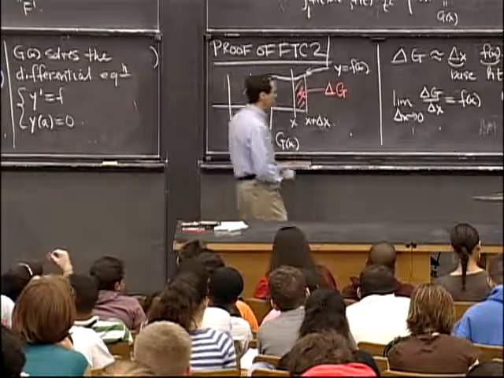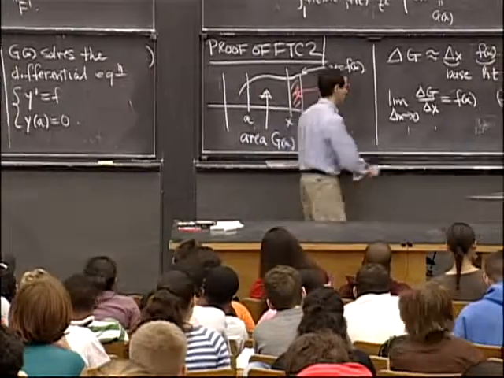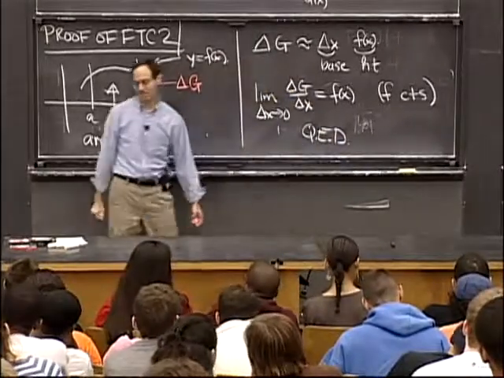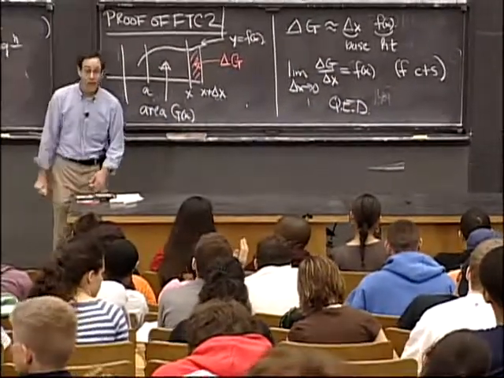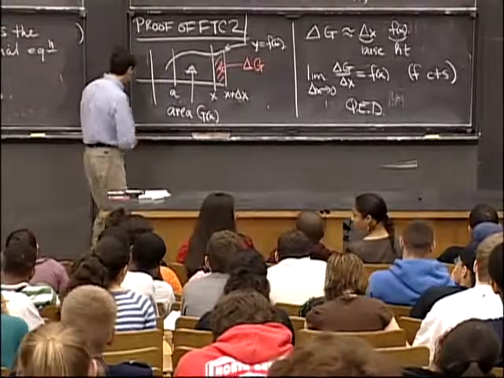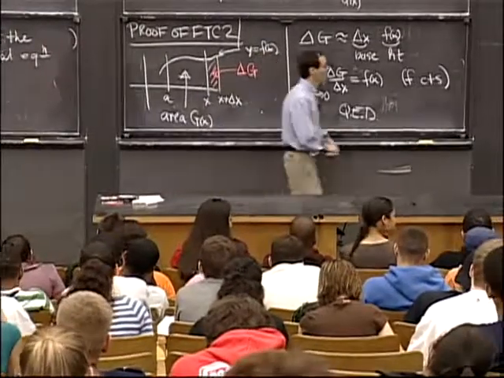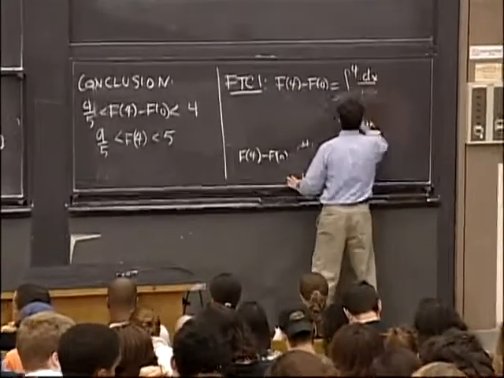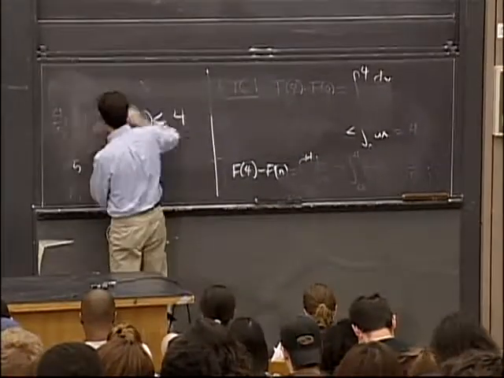Okay, that's the end. This is the end of the proof. So I'll put a nice little QED here. All right, so we've done fundamental theorem of calculus 2, and now we're ready for fundamental theorem of calculus 1.